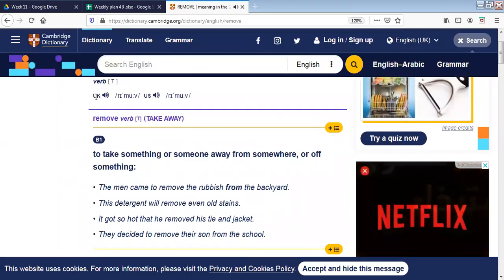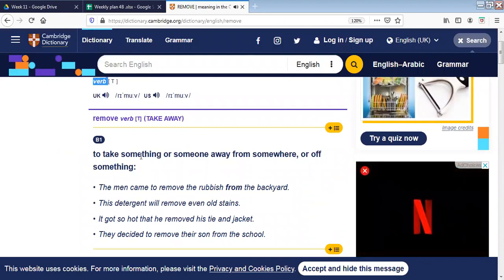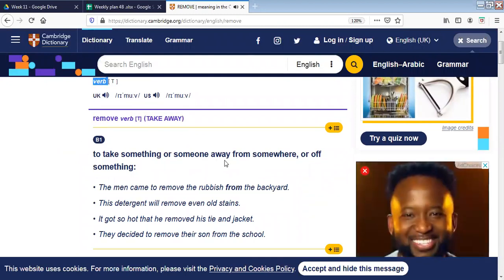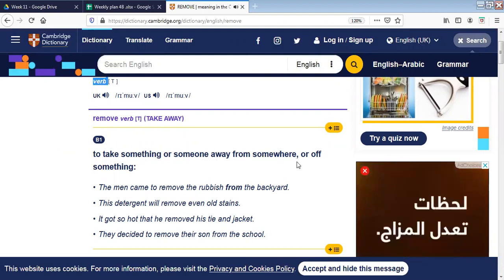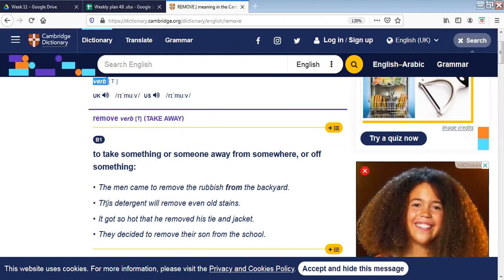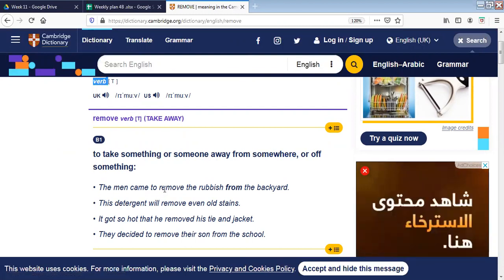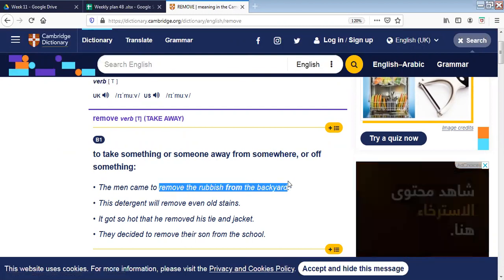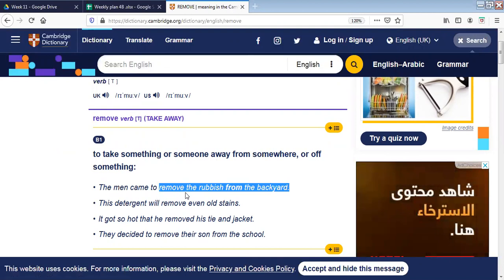The word remove is a verb, and it means to take something or someone away from somewhere or off something. This is the meaning of remove. Like when I say, for example, the men came to remove the rubbish from the backyard. This is the example. Okay, let's go to the next one.